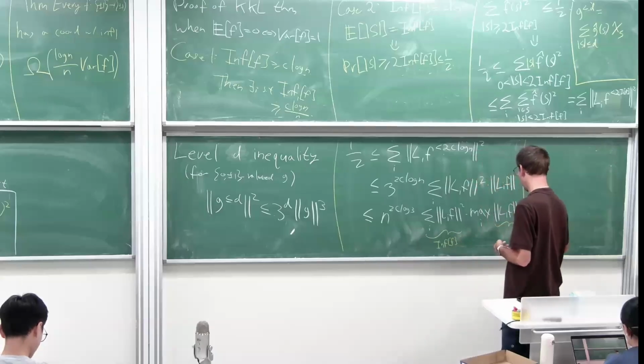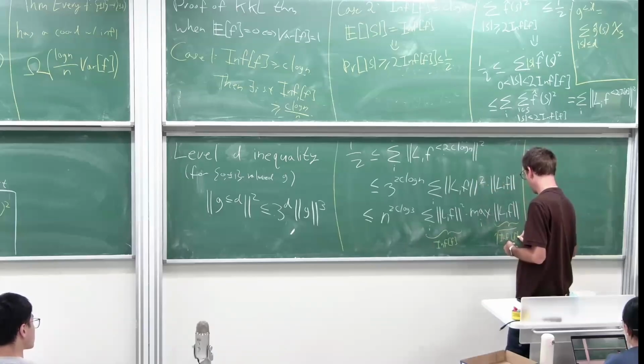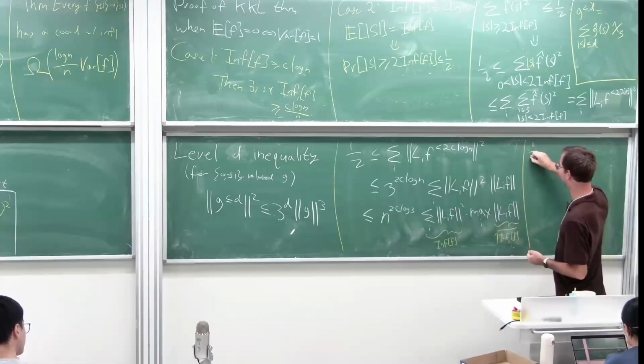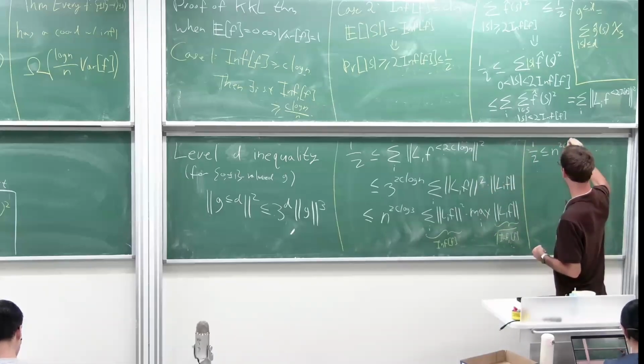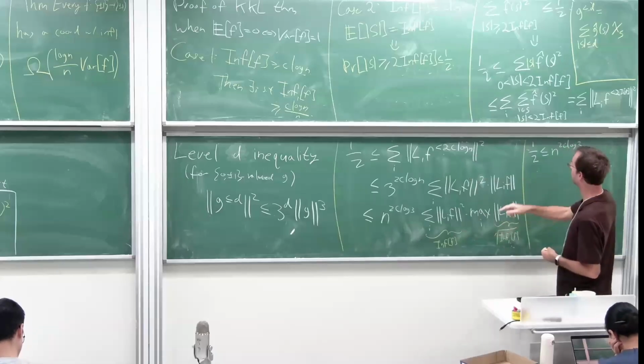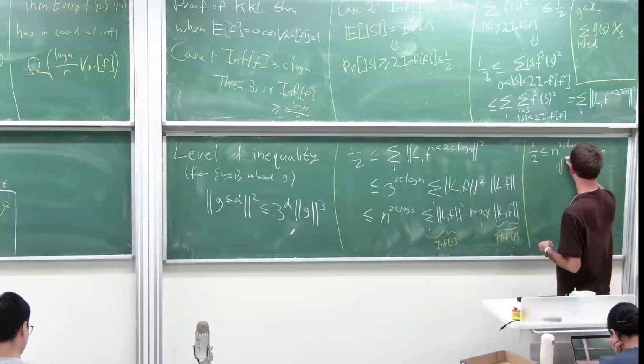And this is the square root of the i-th influence of f. Okay, so we get that the square of this is at most n to the 2c log 3 times c log n times the square root of the maximal influence.